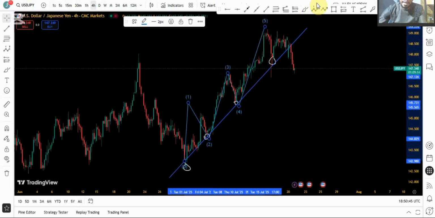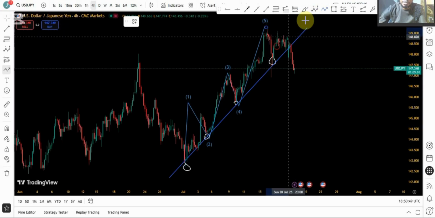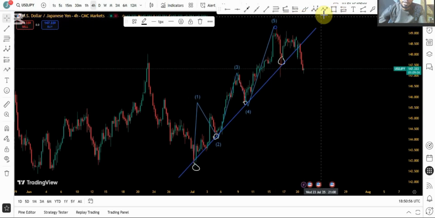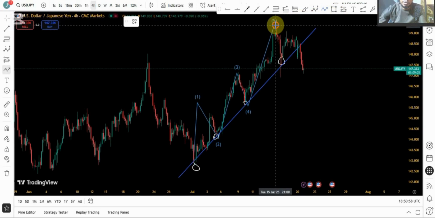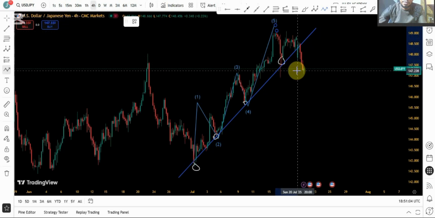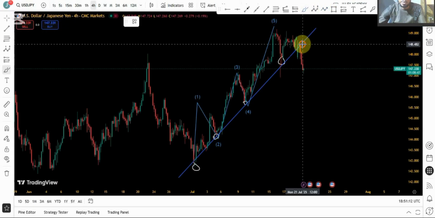Each time the market breaks below this point, I need to start looking forward for what? For a sell trade. Like as we can see right here now, the market has actually broken below this point, so I should be looking out for a sell trade.